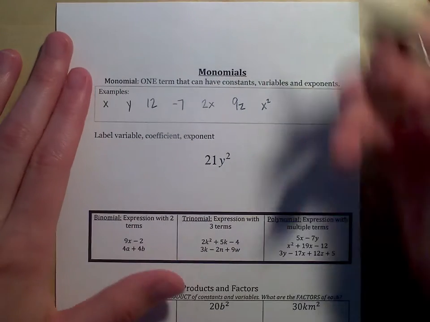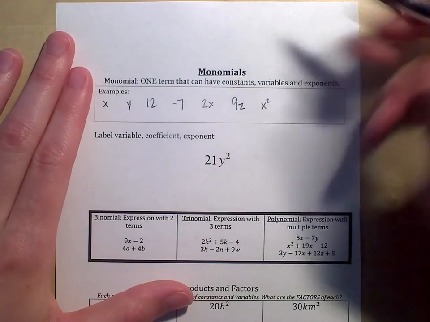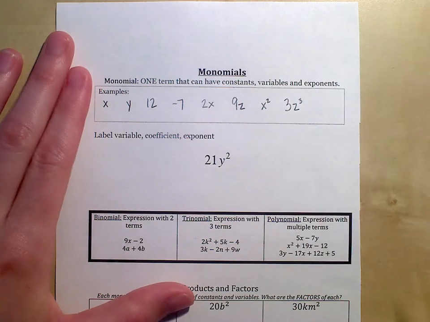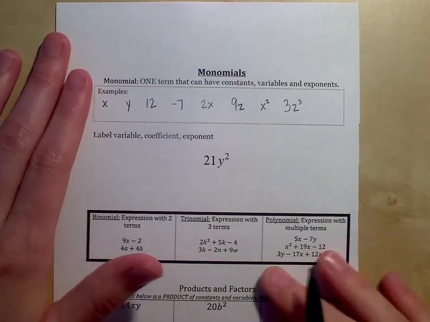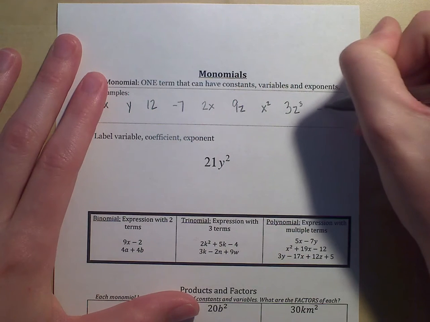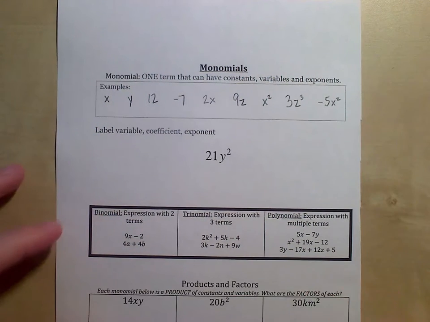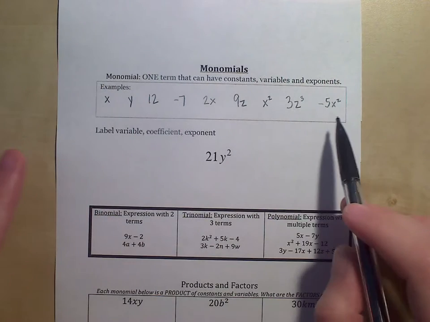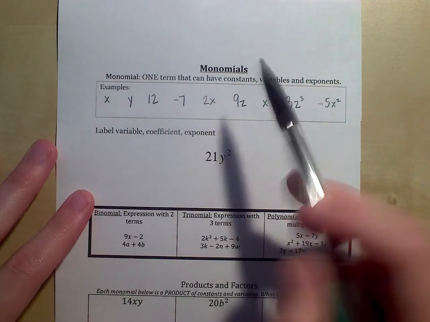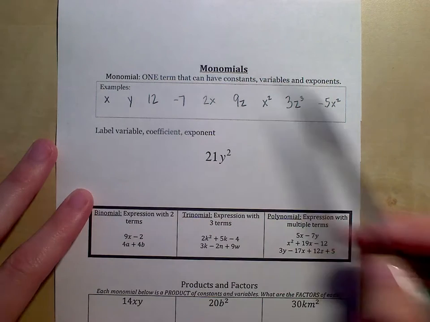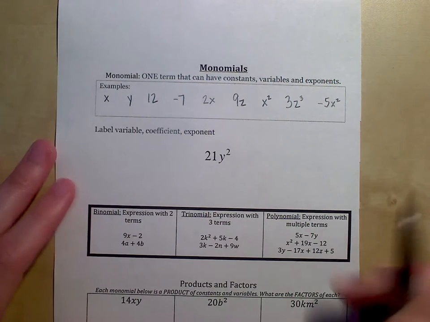I can even combine a constant, a variable, and an exponent. 3z cubed. That's still a monomial. I can do -5x squared. Still a monomial. So all of these are monomials. They're one term. It can include constants, variables, and exponents. Sometimes it's only a variable or only a constant. Sometimes it's all three.